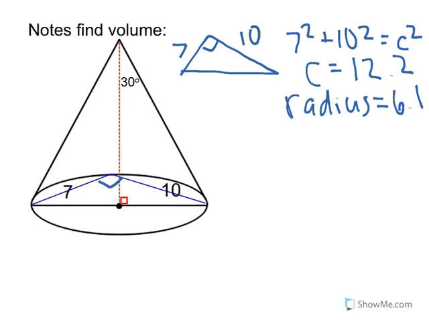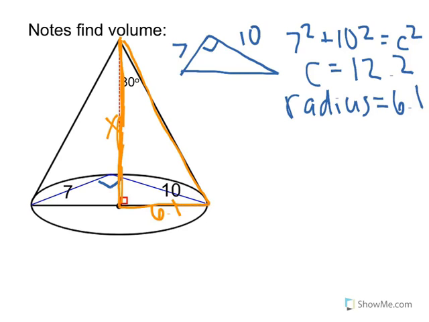So I have the radius, but now we also need the height. I have another, different right triangle in this picture, where this side, since I just found the radius, is 6.1, and we're looking for the height.